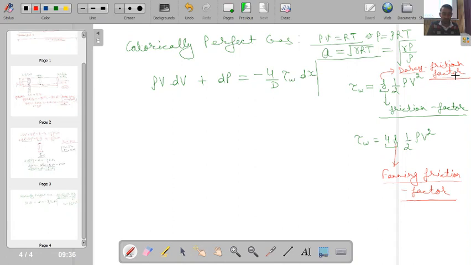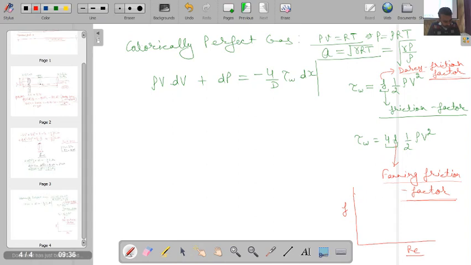And you also know that we have one important diagram to calculate the value of friction factor, which is known as Moody's diagram. Okay, so as per the Moody's diagram, we represent Darcy friction factor along abscissa and Reynolds number along ordinate.